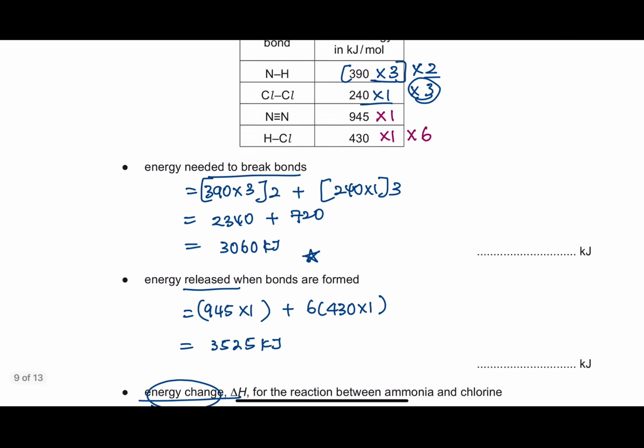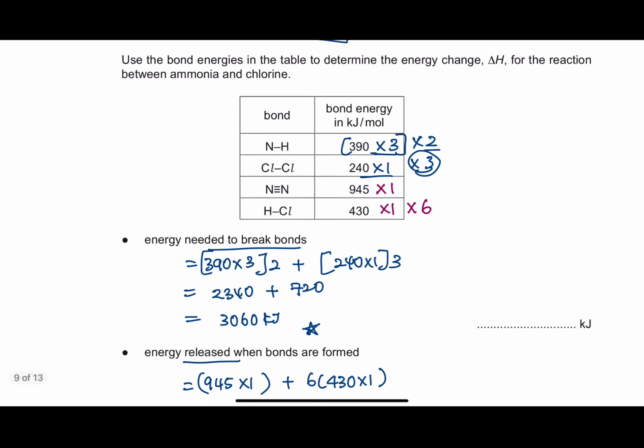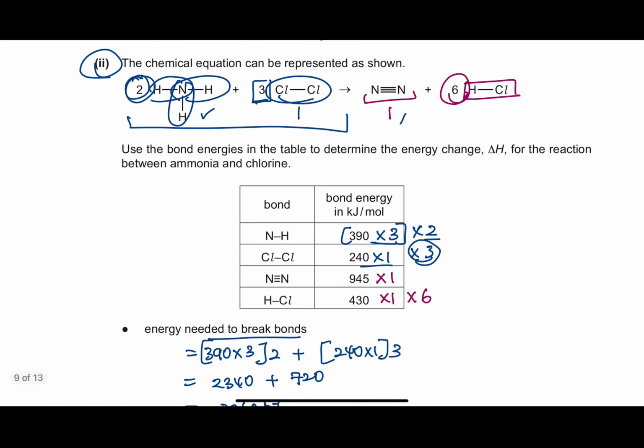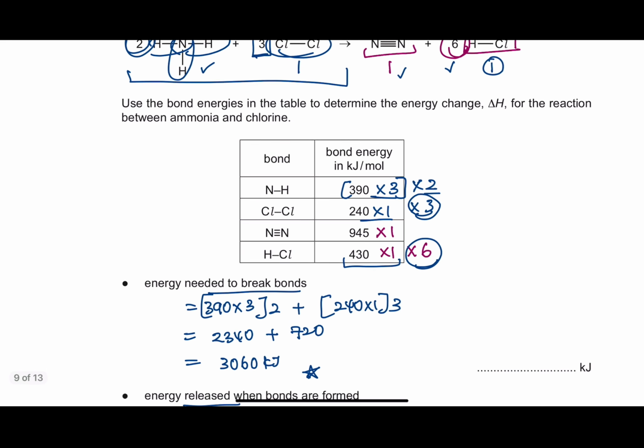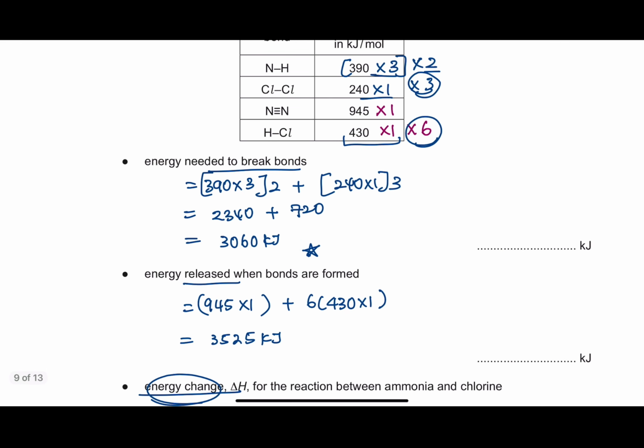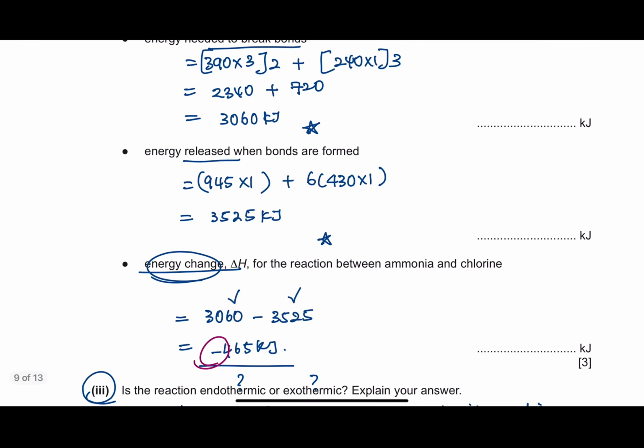As for the part of energy release, you need to look at your reactants. You have got 1 triple bond of nitrogen, and you have got 6 molecule of 1 single bond hydrogen chloride. So 1 multiplied by 6, adding up with 1 single bond of nitrogen, this would give you a value of 3,525.